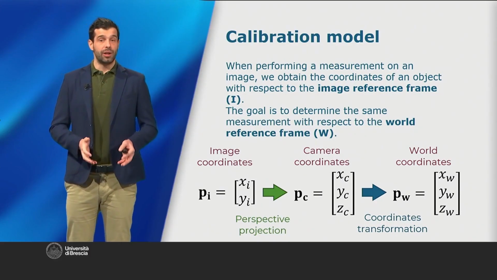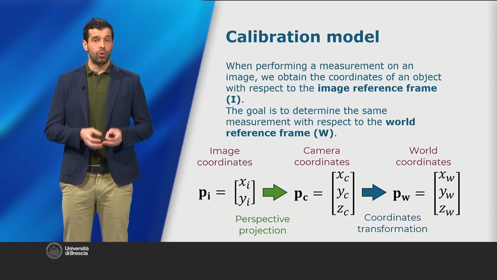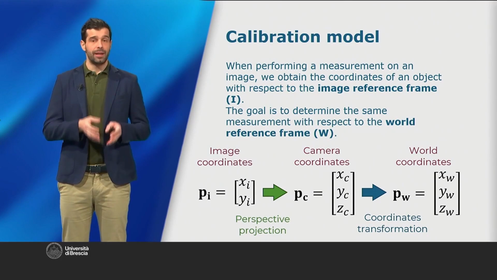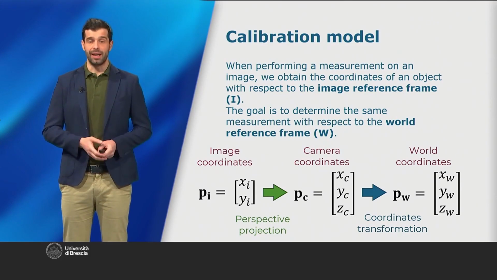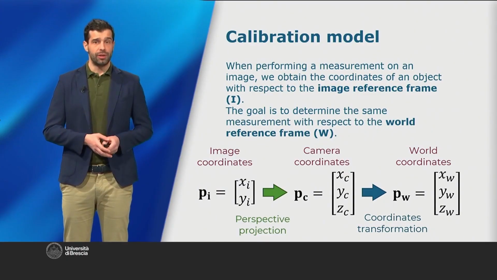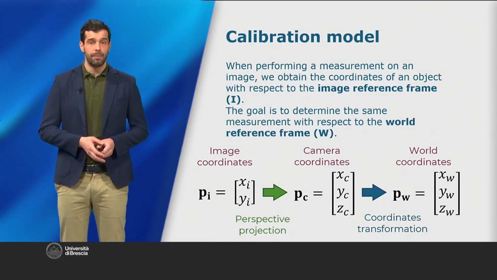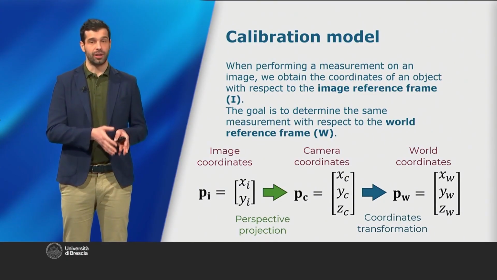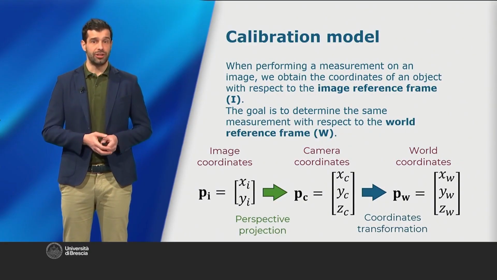When we take a measurement on an image, we're actually getting the coordinates of the captured object in comparison to the image reference system I. The goal is to find those same coordinates in the world reference system W. The image reference system I works in pixels, while the world reference system W works in millimeters.